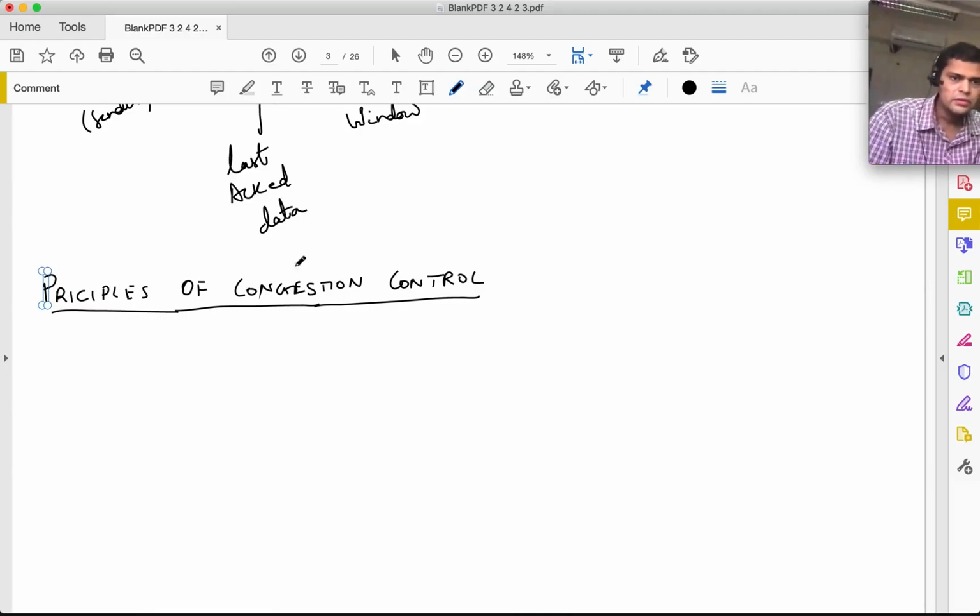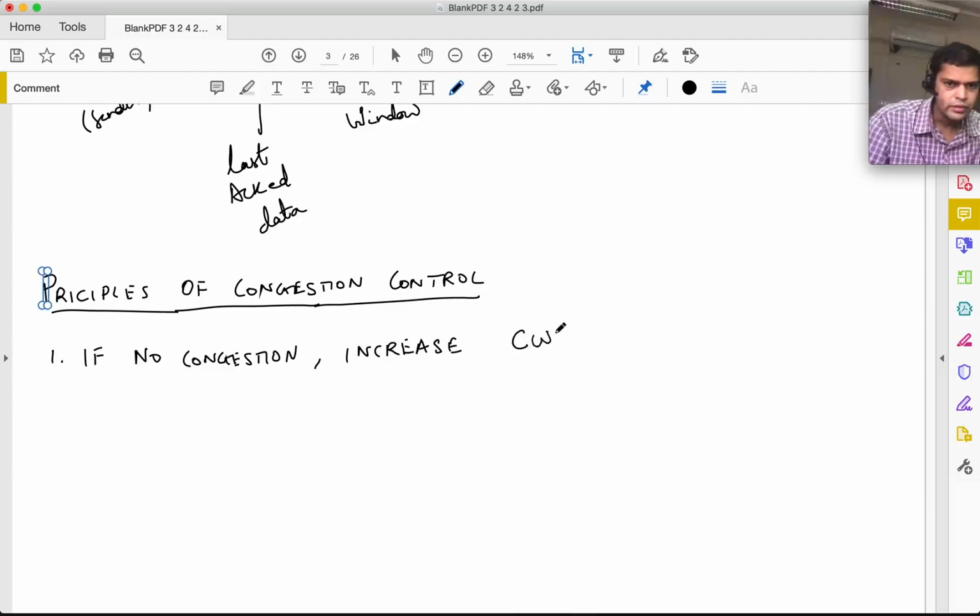So the first principle is to be conservative in increase of congestion window in case there is no congestion. If there is no congestion, increase the congestion window conservatively.